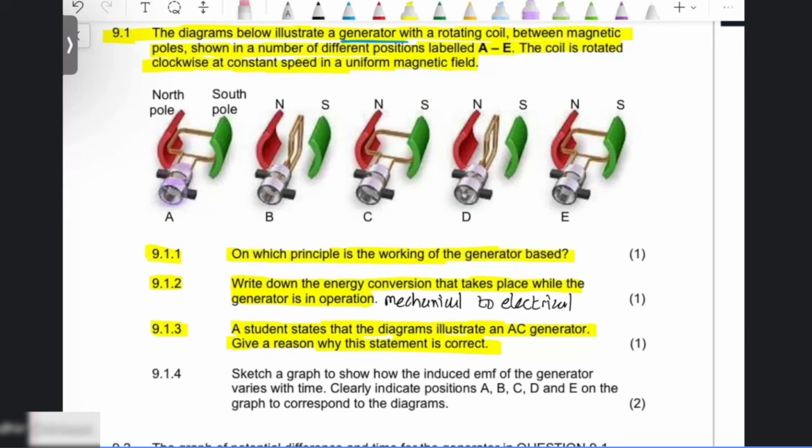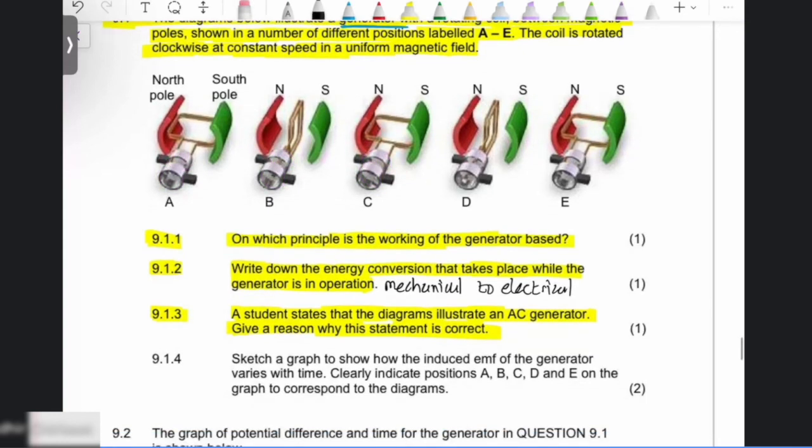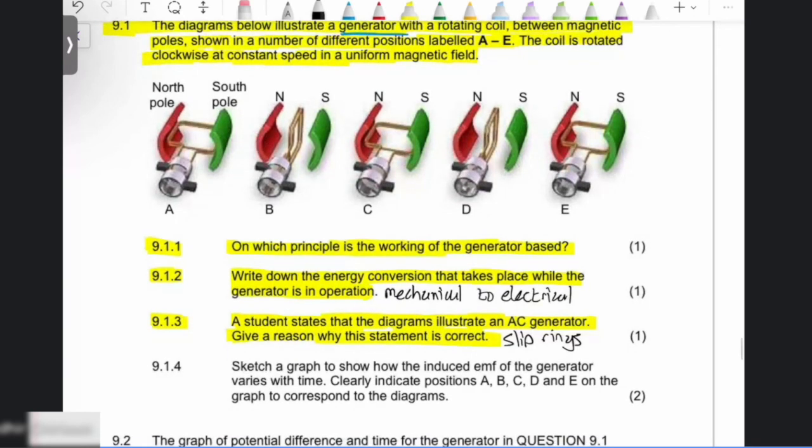We have slip ring and slip ring. So we have slip rings, which means it's an AC generator. Okay, that's just it. If you can say, they'll all need brushes, so it's fine. Just slip rings is okay.